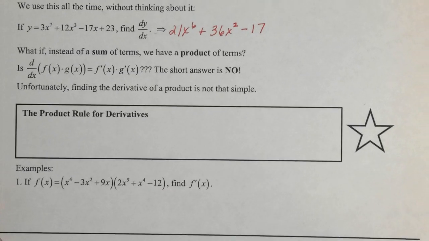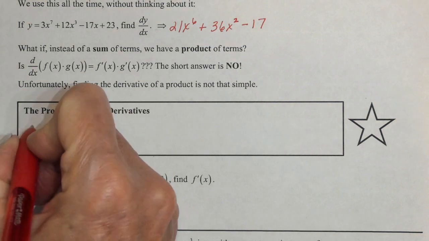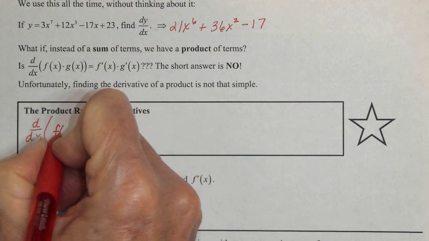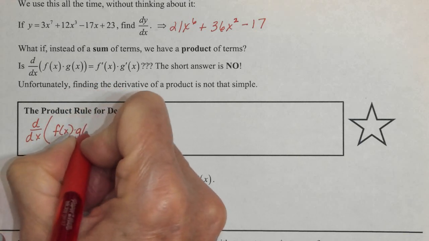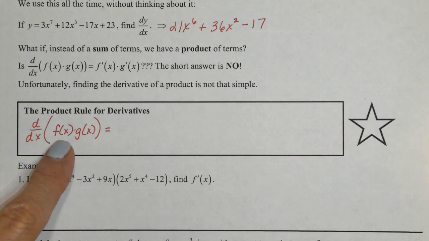The product rule for derivatives looks like this. If we're taking the derivative of the product of two functions, f and g, here's how you do it. Take one of the functions. I always just begin with whatever comes first and take its derivative.